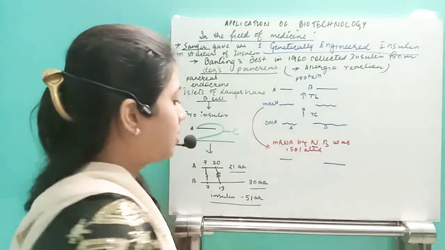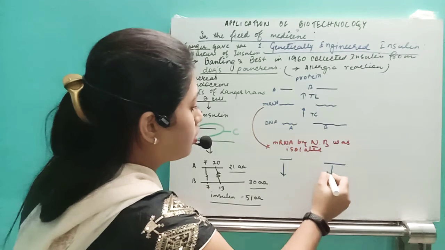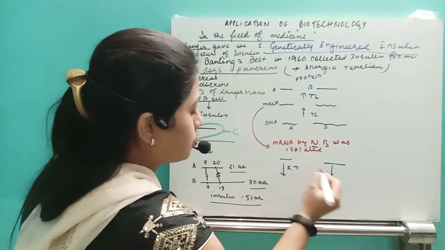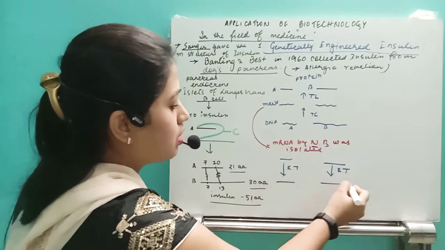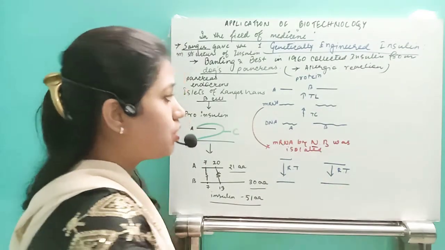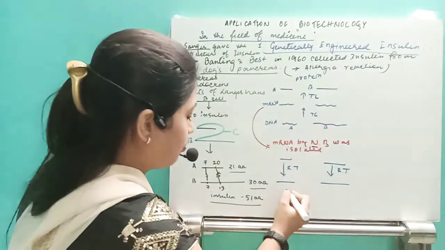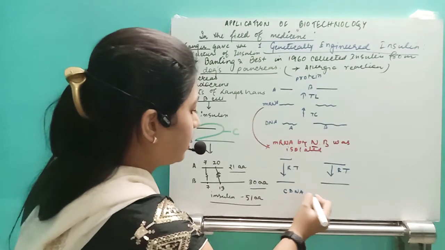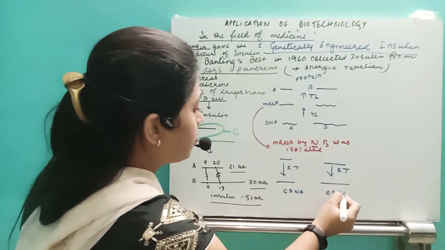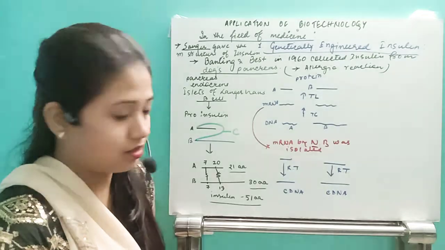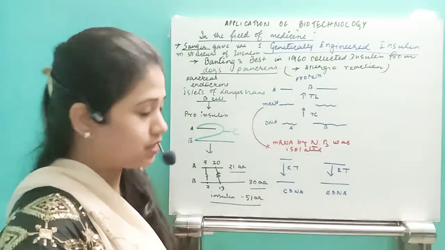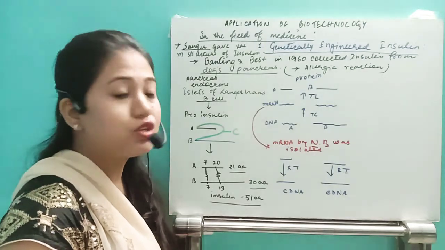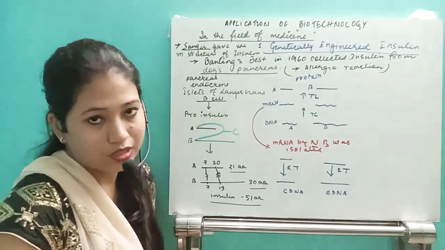Now after that, they are allowed to undergo reverse transcription. After reverse transcription, it produces DNA, that is a complementary DNA, the cDNA. So this complementary DNA was collected, and it was introduced separately into separate E. coli.